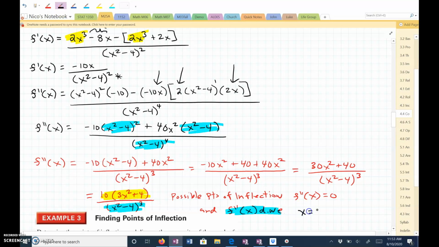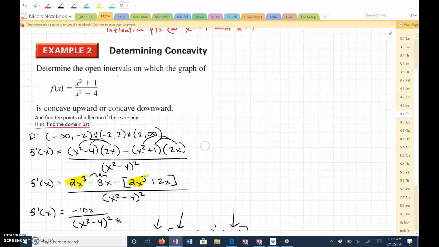We'd have a possible point of inflection at 2 and negative 2. Now, those are definitely not going to be points of inflection because those points don't exist on the domain.